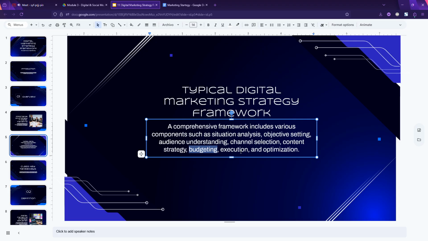So when we say we will relate it with Game of Thrones or with Wednesday, there will be IP rights. We cannot use their photos or their videos directly in our content strategy. If we do not have the budget, budgeting will be like, okay, we do not have much budget, so how can we still use these resources?